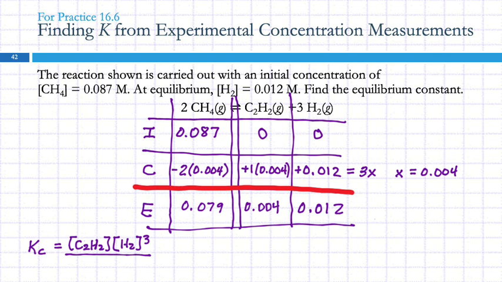And in the denominator we have the reactants CH4 squared. So I'll plug my numbers in, 0.012 cubed divided by 0.079 squared.